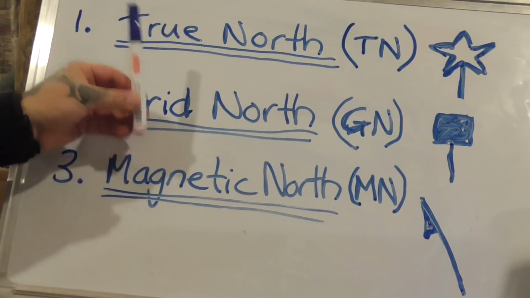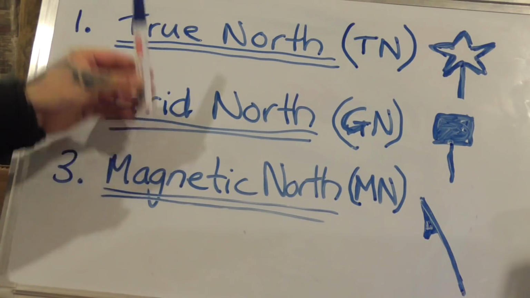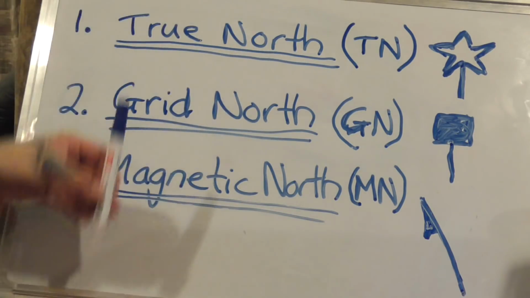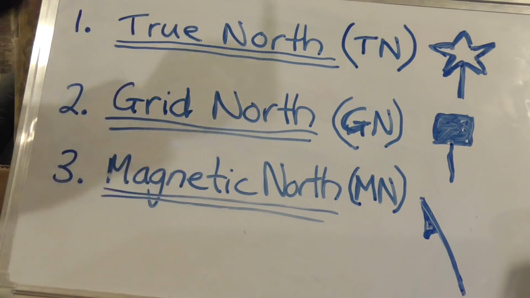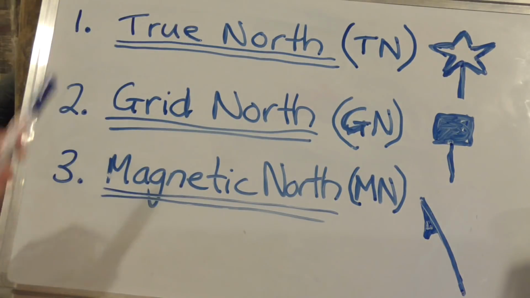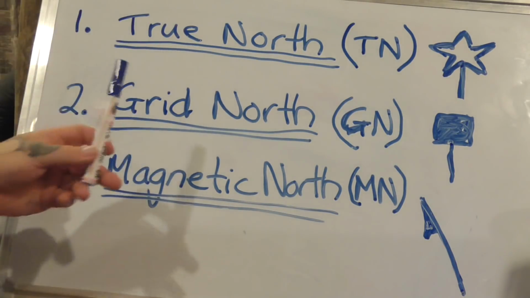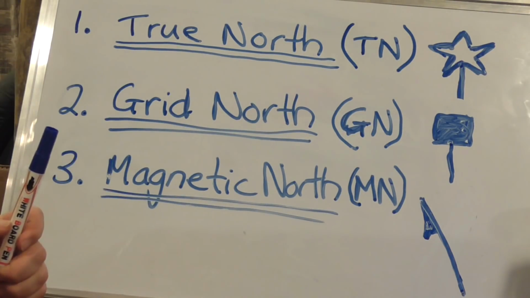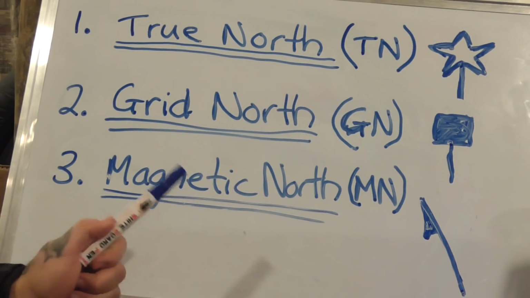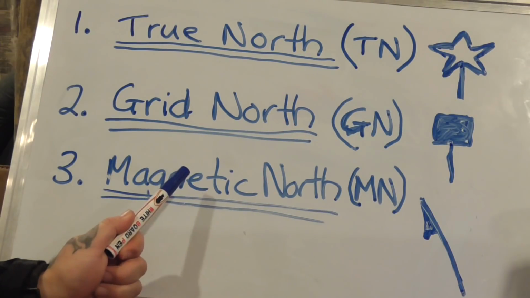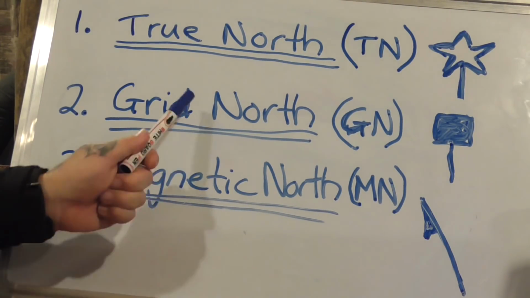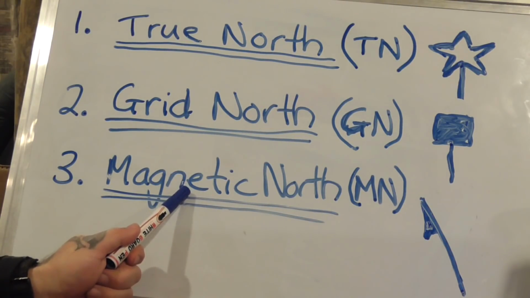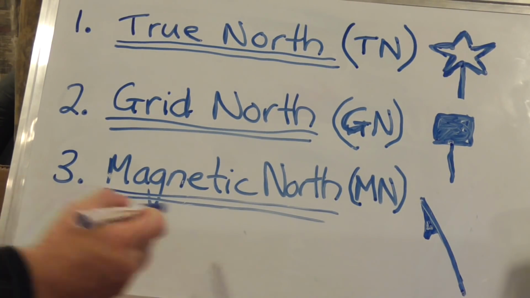The grid lines that go vertical, pointing up, are pointing to grid north, the top of the map. Magnetic north is not used for maps, this one here is used for compasses.